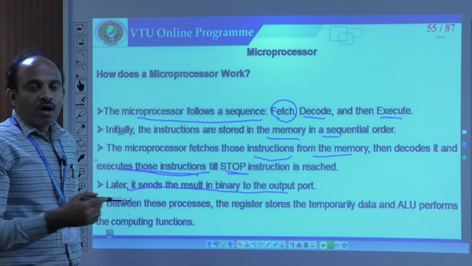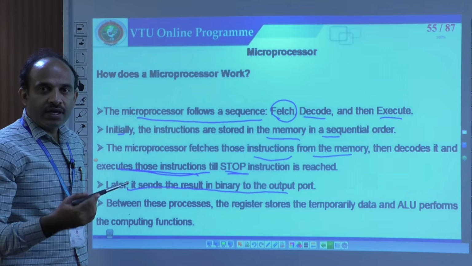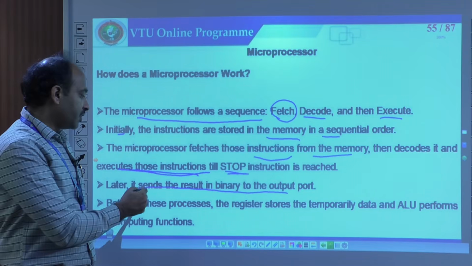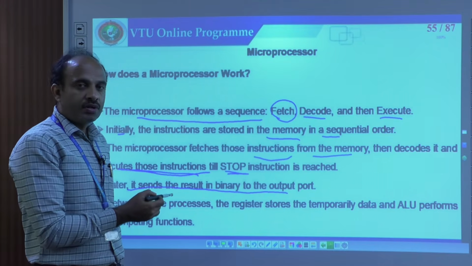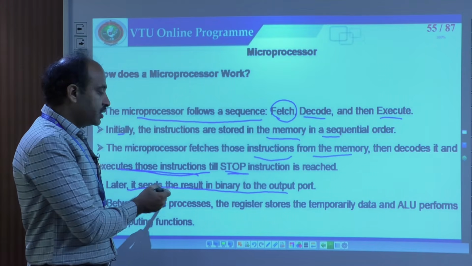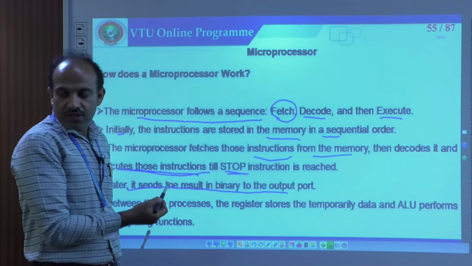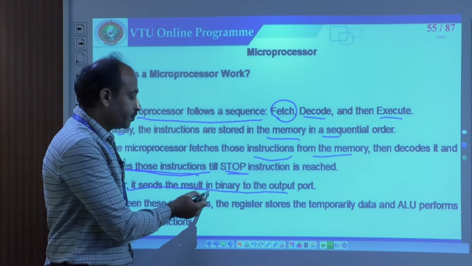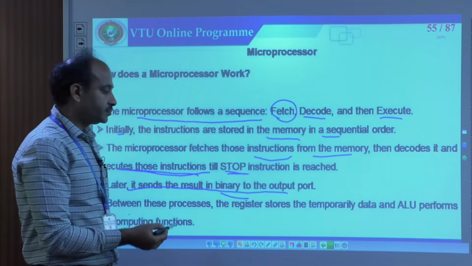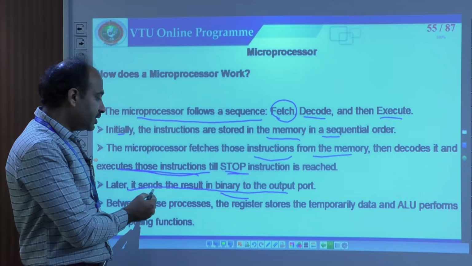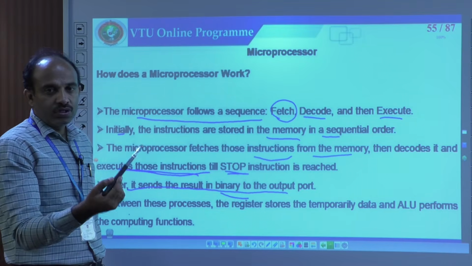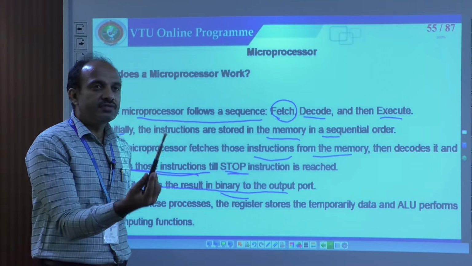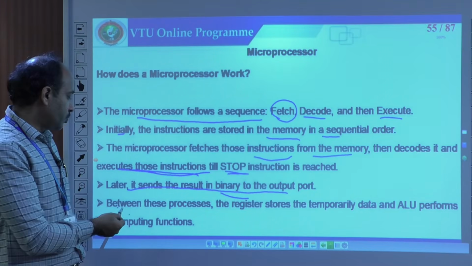Now, after execution, whatever the task or computation the processor has done, once it gets the result, the result will also be in binary, right. So that will send the results in binary to the output port. It does not send to the output device, it just sends that result to the output port.